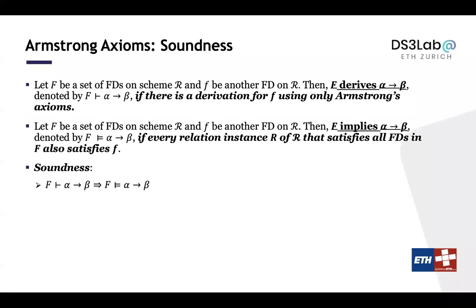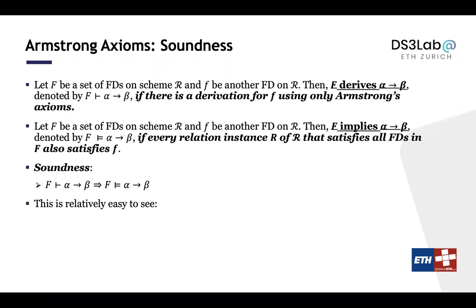So by soundness, we mean the following. For any functional dependency alpha to beta that can be derived using Armstrong's axioms from F, semantically F implies alpha to beta. So that is what we mean by soundness. That is, for any single rule that I can derive by applying this whole bunch of axioms, it will be semantically correct, okay?